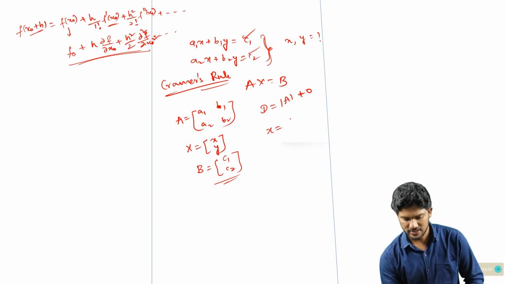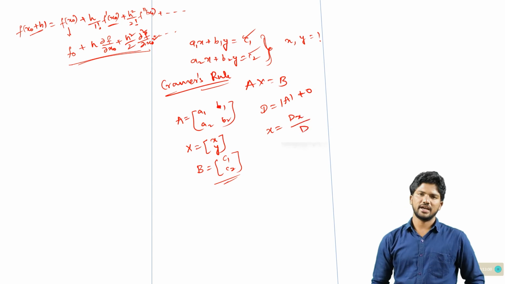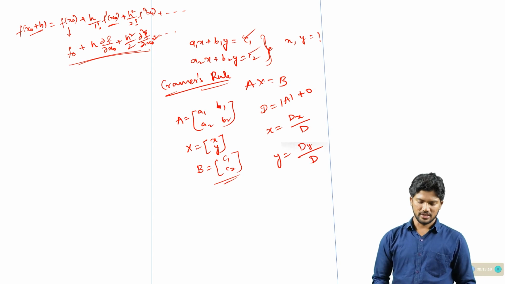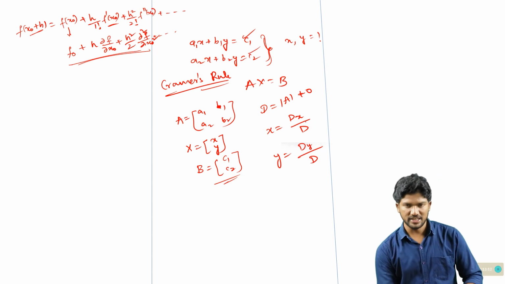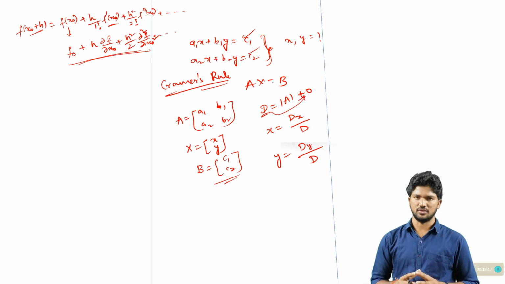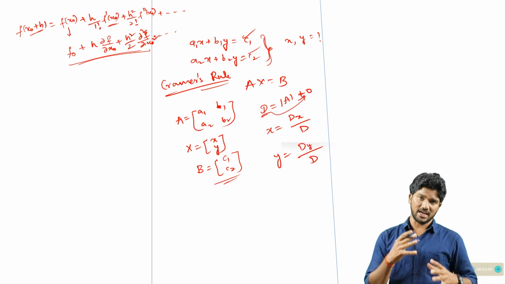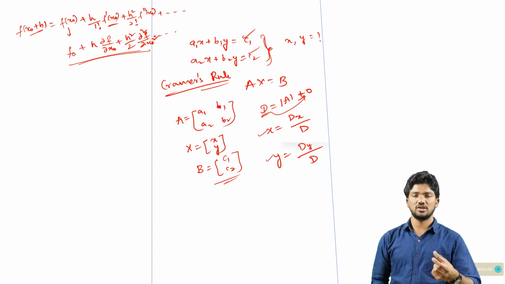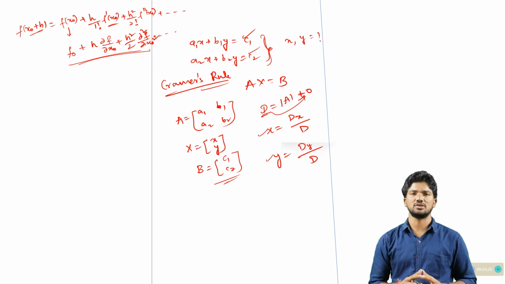Then you can find x as det of A with respect to x over the original det of capital A. And if you want to find the small y value, it is determinant of A with respect to y over determinant of capital A. So definitely this determinant comes in the denominator. That's why we are saying that D is definitely not equal to 0. If the determinant value is not equal to 0, then you can find x and y, and those solutions are unique solutions.